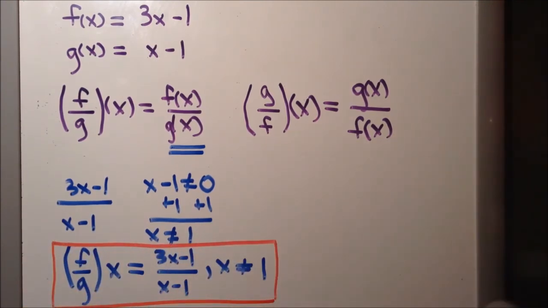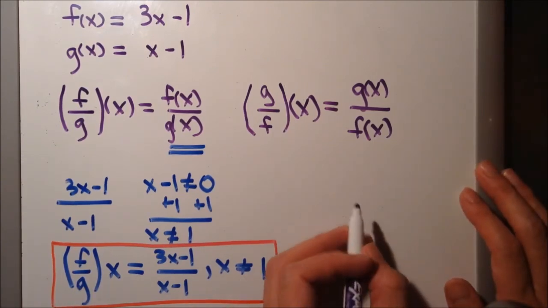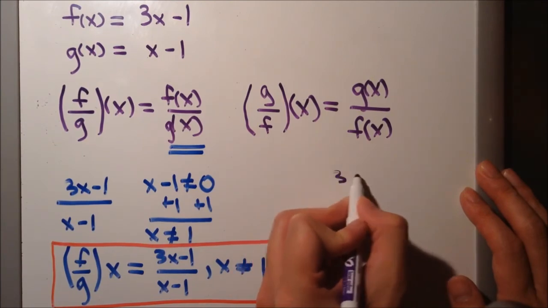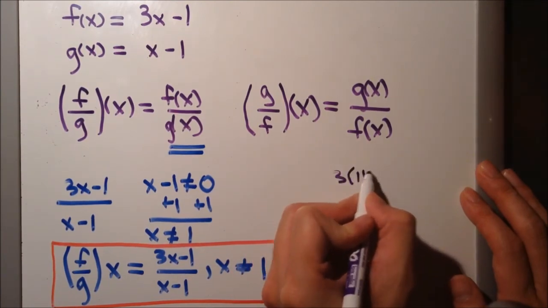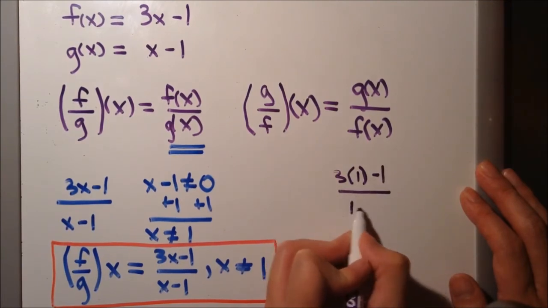Now, let me explain why we're doing this. The reason we're saying x does not equal 1 is because if we plug it in, it will make the denominator 0. So, say I plug it in. I'm going to plug into all the x. So 3 times 1 minus 1 over 1 minus 1.